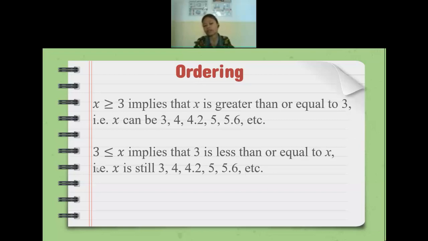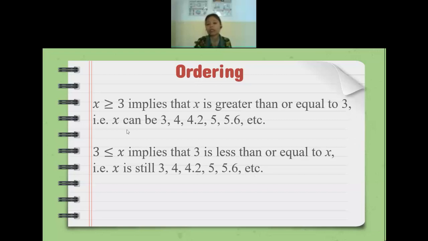Now if I have this sign, 3 is less than or equal x, right? In here we have to find the number, the 3 is less than or equal x, so I have to find any number that will satisfy this. Here I can get 3, 4, 4.2, 5, 5.6.